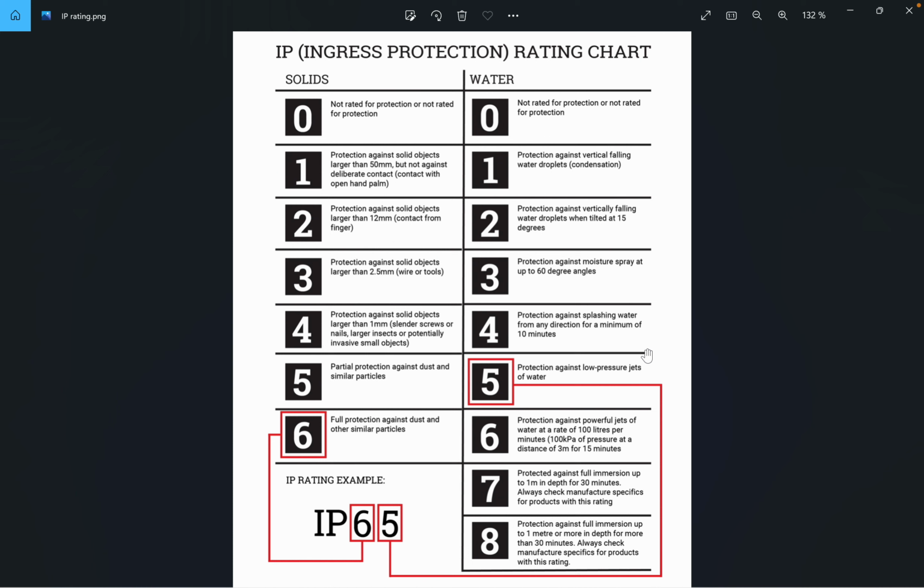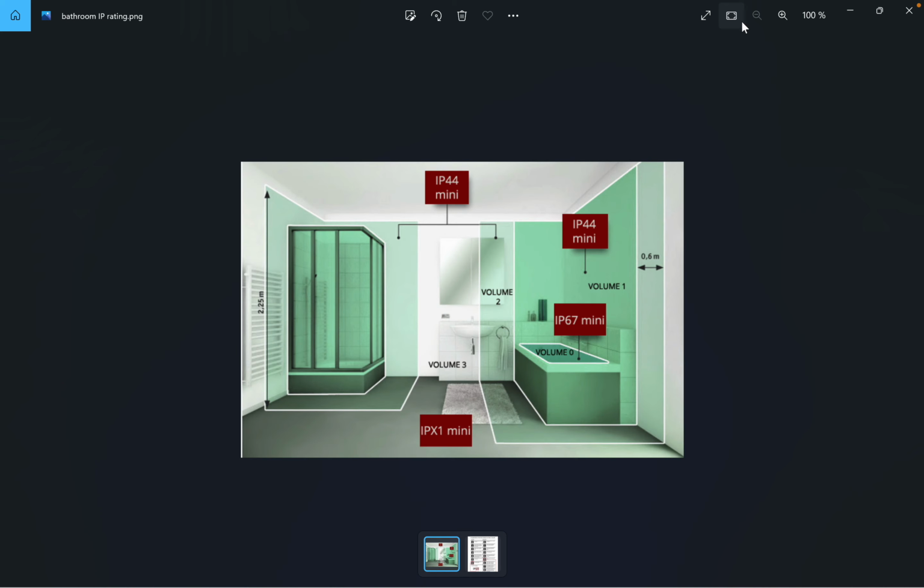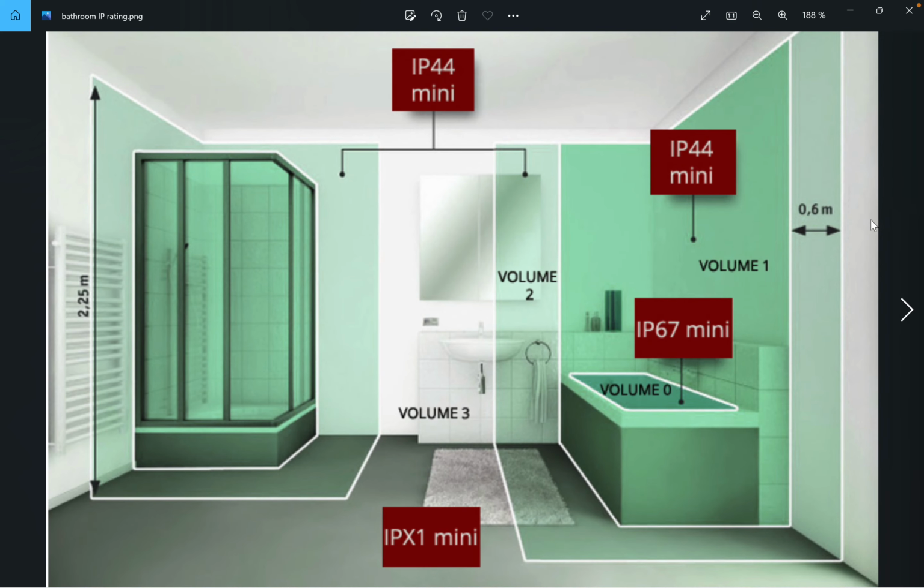Having said that, I want to show you also an example of an application where you need an IP, for example a bathroom. In this case, we have 4 volumes, and for each of these volumes you need a different IP.